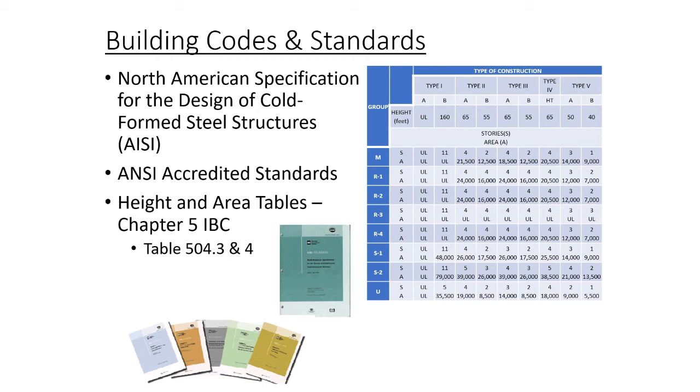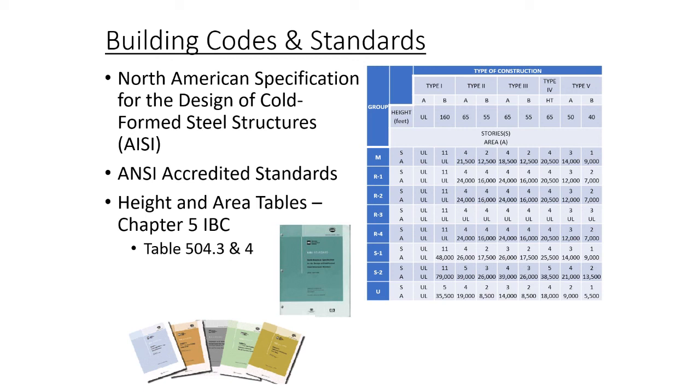So, starting with the specification and its broad focus on member behavior and design material thickness, the following standards were developed and ANSI accredited. The first one is the General Provision Standard. It is specific to light frame construction.